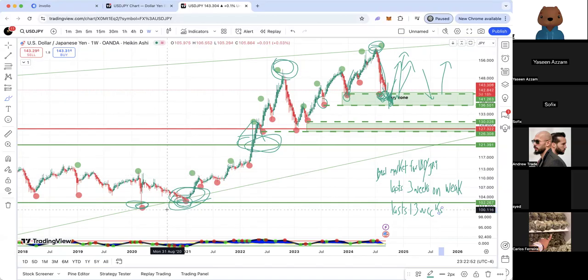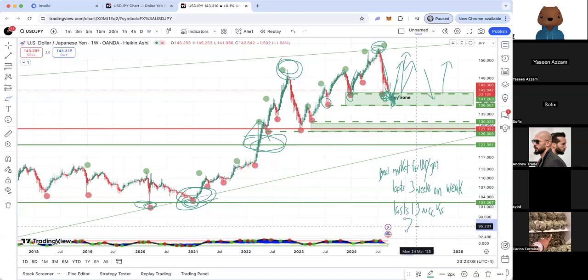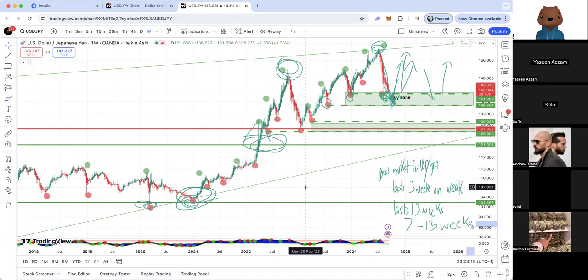So it lasts about 7 to 13 weeks. Okay, so each bear cycle that is strong lasts about 7 to 13 weeks.